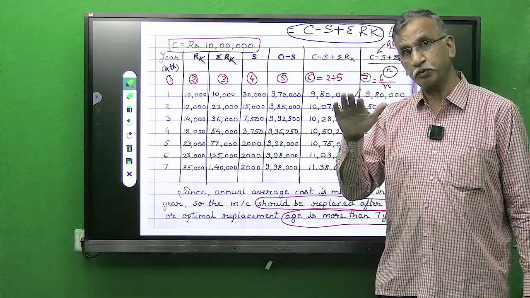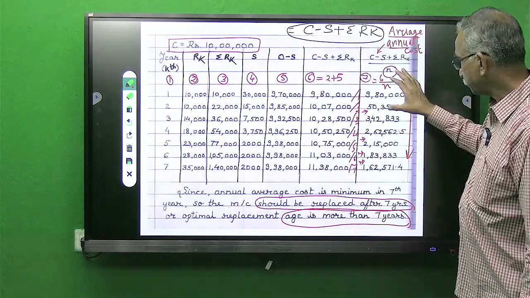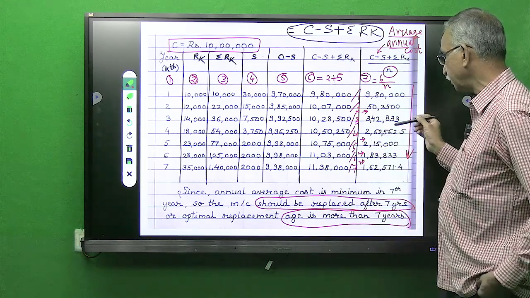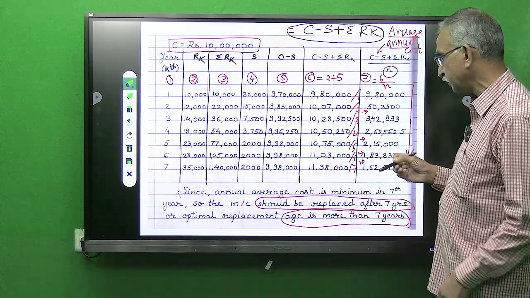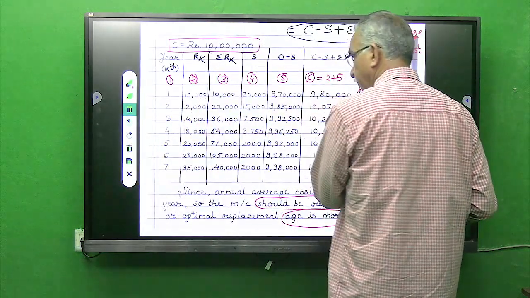This is one case. Suppose instead of this data, any value you take for consideration, this is for explanation I am saying. Now this problem is over.